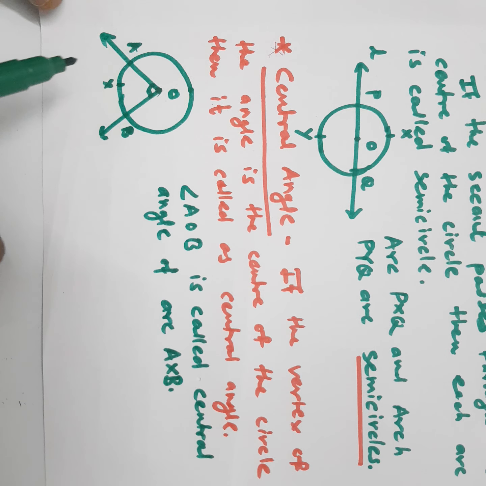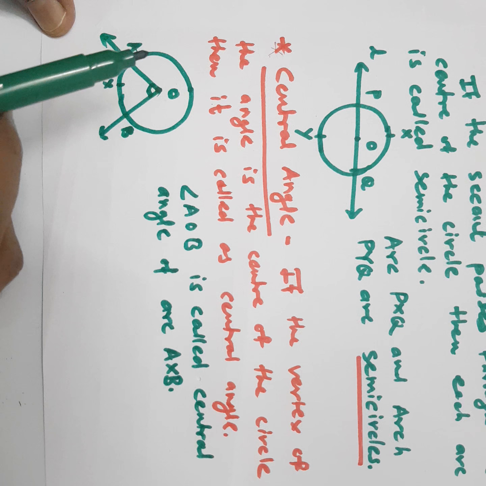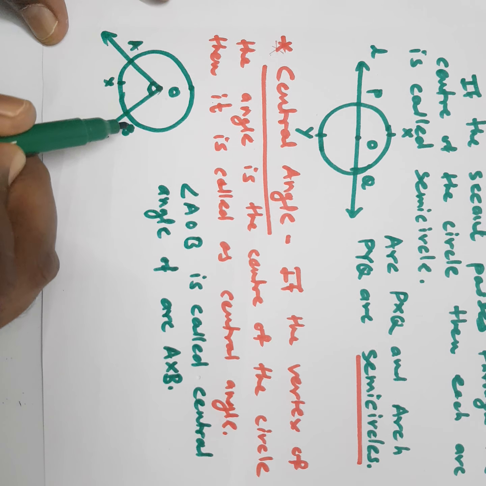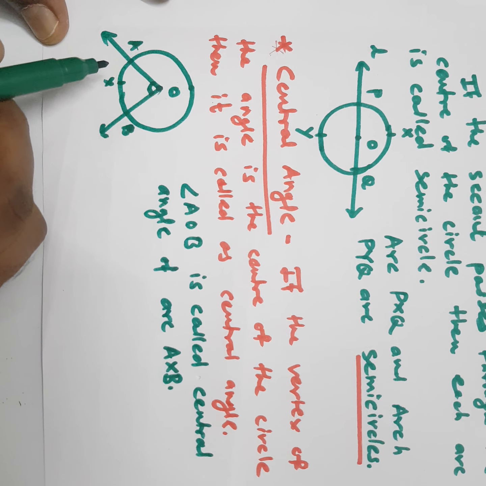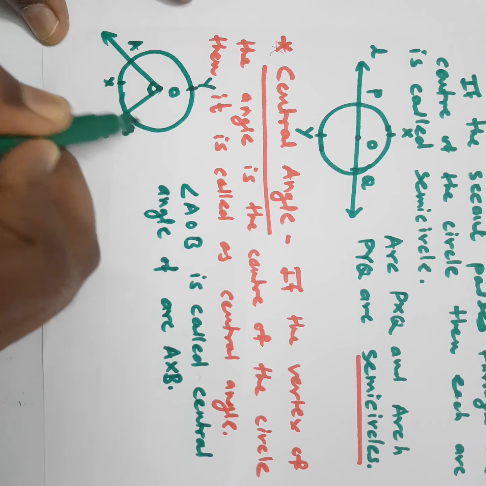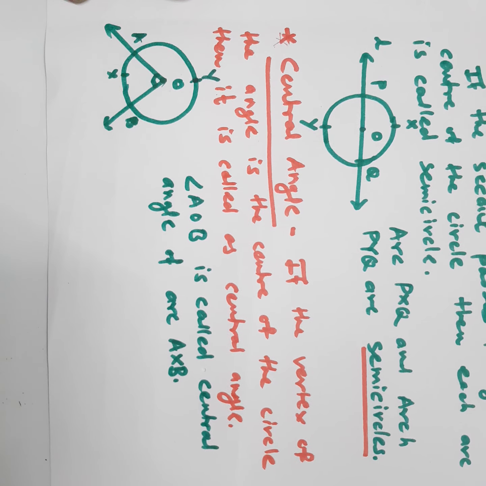Like the secant, this central angle also divides the circle into two parts. Here one part is AXB, which is the minor arc, and the other part is AYB, which is the major arc.